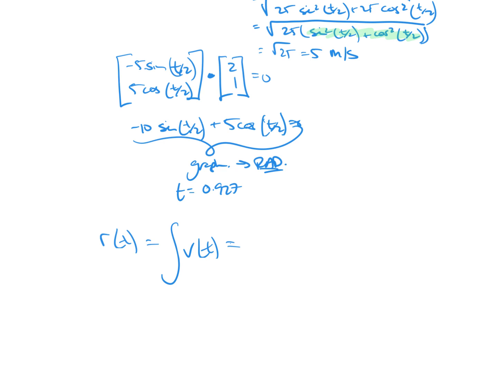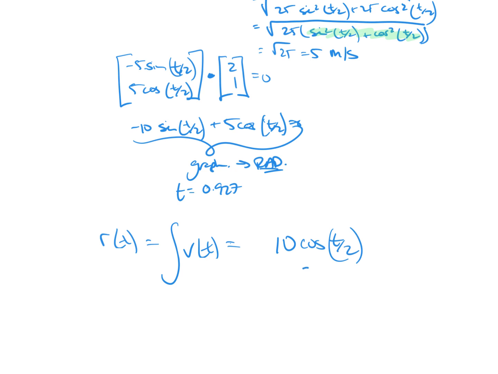So if I integrate that, I know it's going to be cosine t over 2. Notice the angle stays the same. And last time I had to multiply by 2 to find that coefficient, so again, I'm going to multiply by 2, and so it's going to be 10. And this is going to be positive because it goes to cosine.